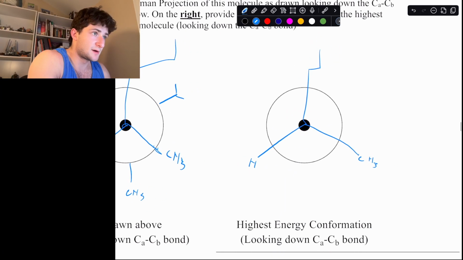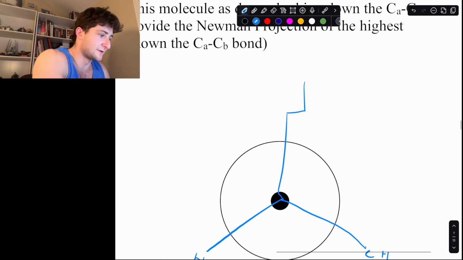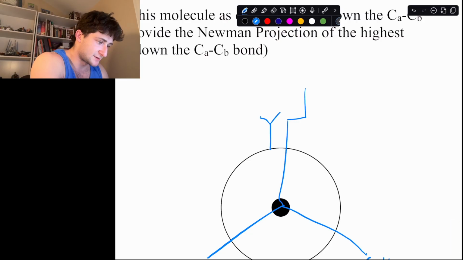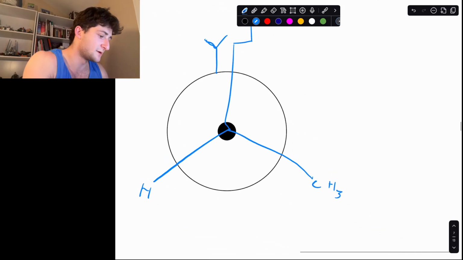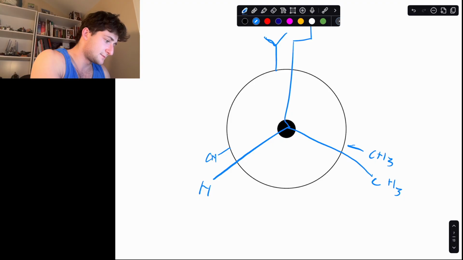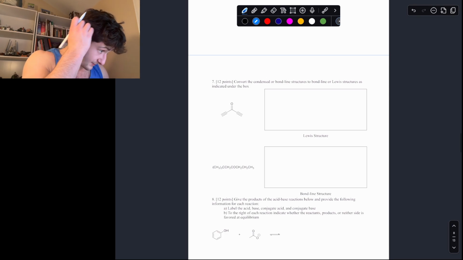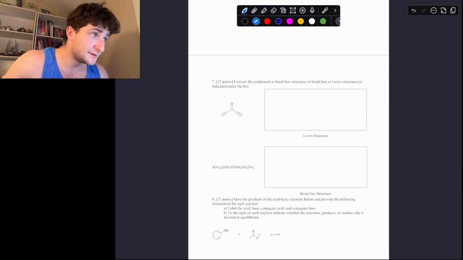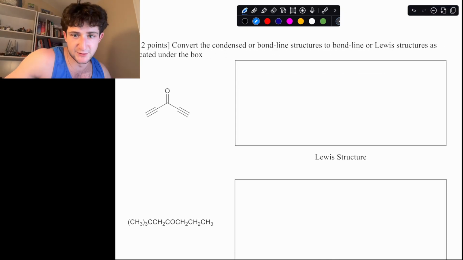And you want the biggest ones to be overlapping each other because that's just the most strain on the molecule. Oh no, this is just a hydrogen. Yeah, okay, bang. Alright. These ones are kind of tricky, but you just gotta use your brain.